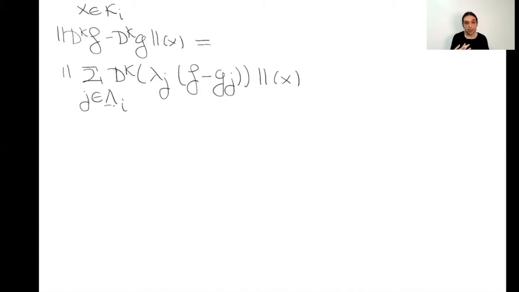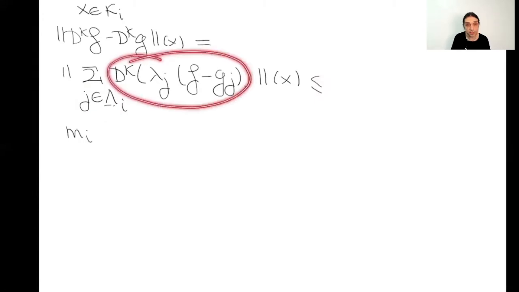And now we are going to estimate this. Here we have a sum in which we have m_i terms. So this is going to be smaller or equal than m_i times a common estimate that we are going to find for this.